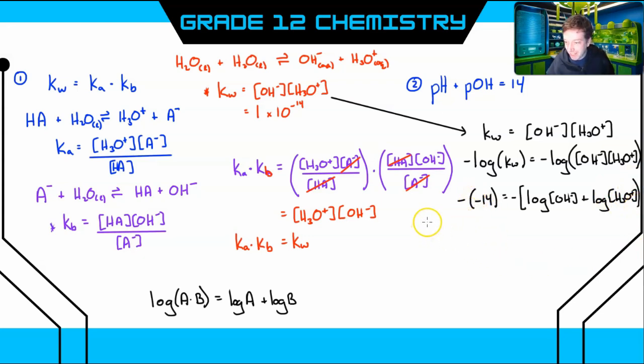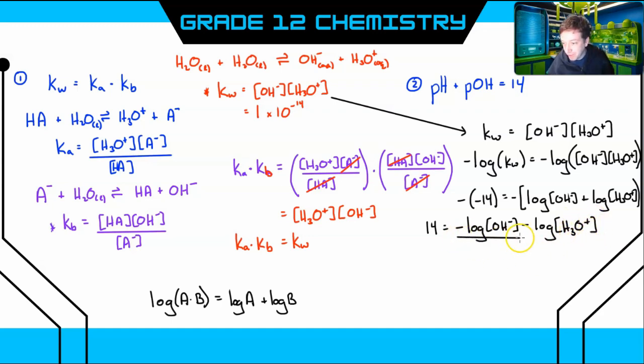So these two negatives cancel, so we get 14 equals, I'm going to just distribute the negative here, so we have minus the log of hydroxide ions plus, sorry, we're distributing the negative, so minus the log of hydronium ions.